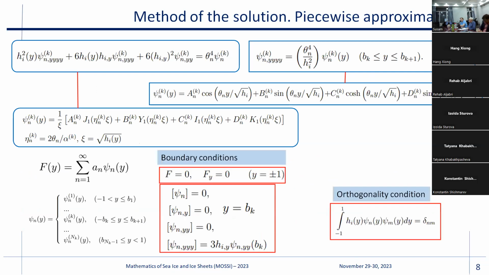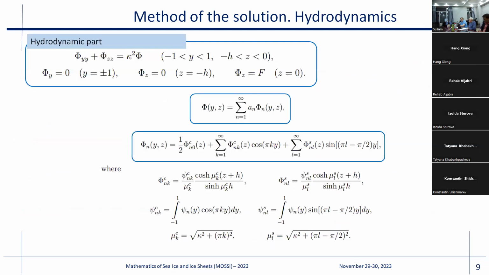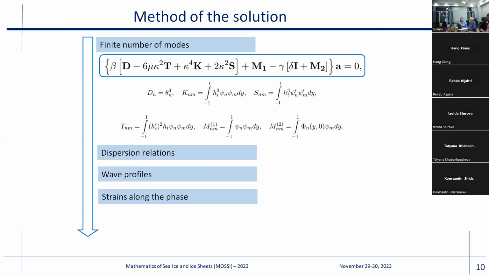Because it's a semi-analytical approach, we should calculate eigenvalues of this matrix, and actually the coefficients in this matrix were quite good, and the calculation did not take a long time. It's very fast calculations.